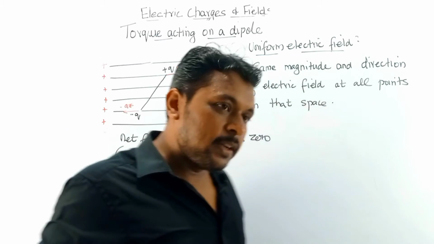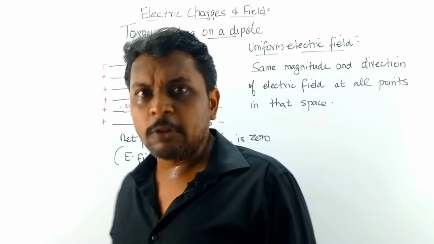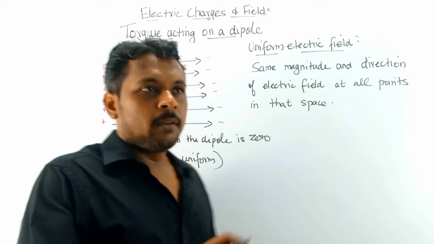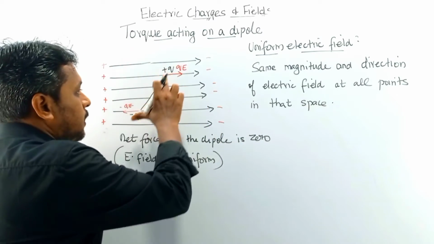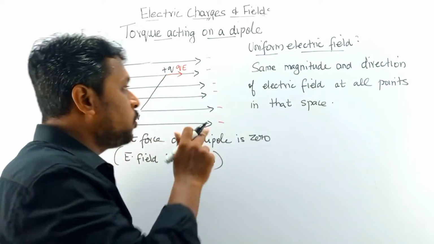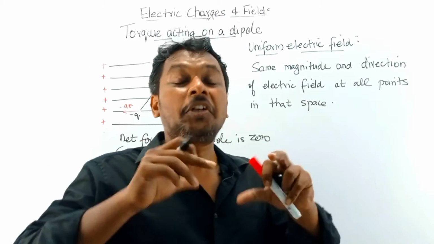As the electric field is uniform, the net force becomes 0. But as the net force is 0, can we say the torque is also 0? No. The charges are separated by some distance, so the forces acting at the different points will create a torque.